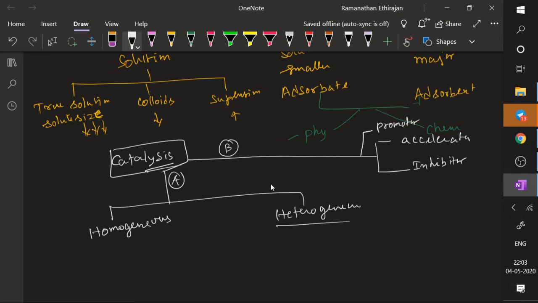Then we will be discussing the activity of catalysts as a separate topic. Then there are some catalysts which are very, very shape selective, so we need to study that also.